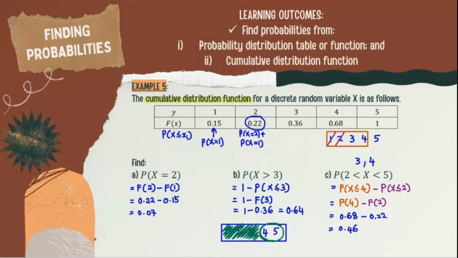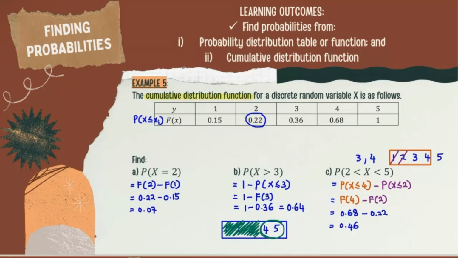Do you know how to get the probability when given the cumulative distribution function? How do we get the value of the probability? So from probability to CDF we add. From CDF to PDF, we subtract. So from the CDF, we want to get the PDF, which is our P of X equals to x.